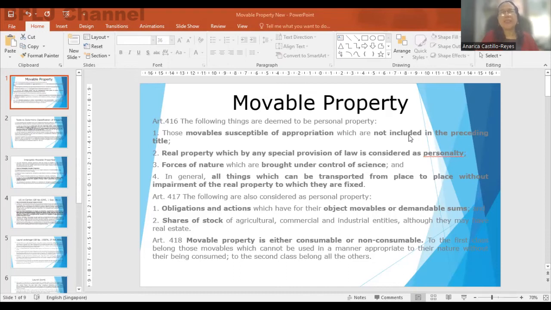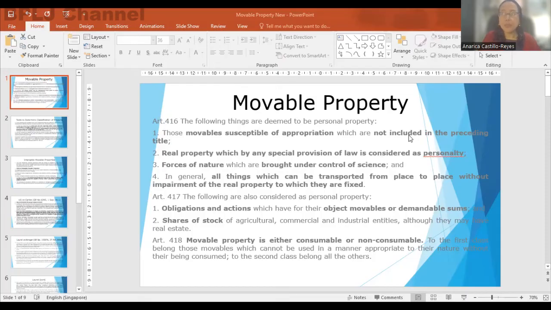Okay, so are movable properties always tangible? Are they always tangible properties? The answer is no, because under Article 417, the intangible properties subject of this provision are considered as movable property, such as obligations and actions which have for their object movables or demandable sums.